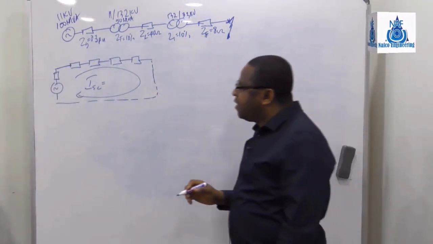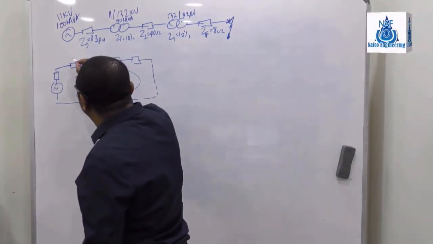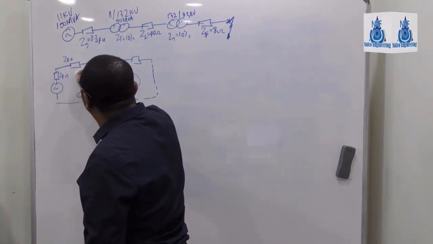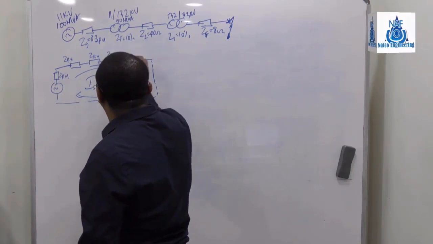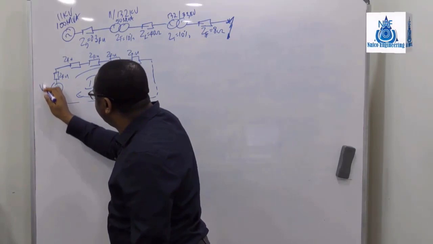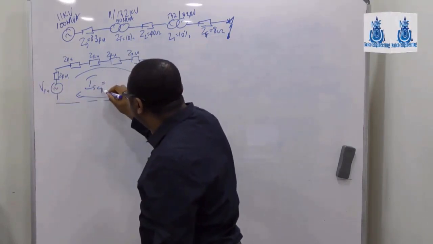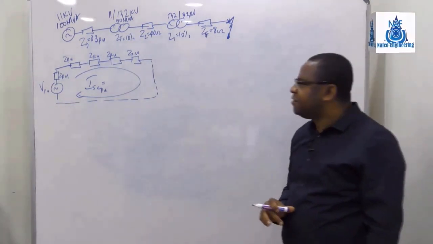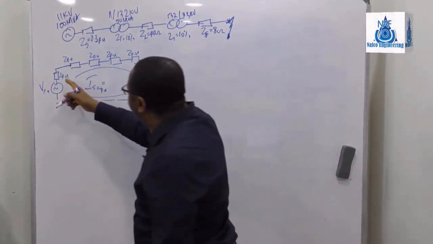And if we can get all these things in per unit, Z per unit, Z per unit, Z per unit, Z per unit, Z per unit, then the voltage here will also be in per unit, so that the current we are going to calculate will be per unit. All right? So let's start now.